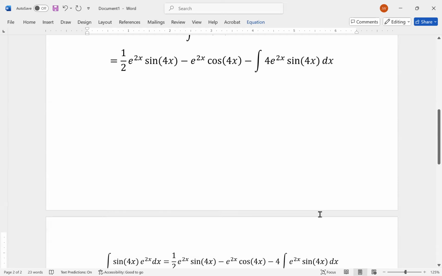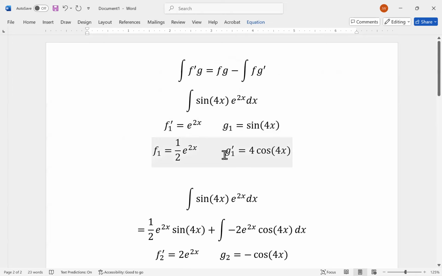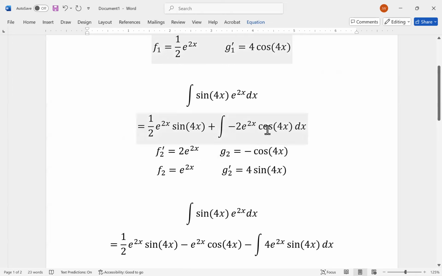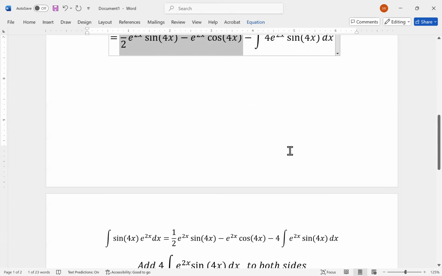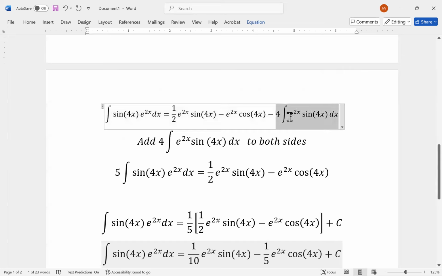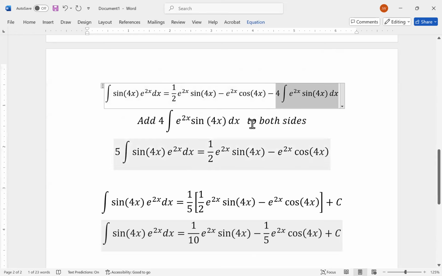So basically what we did is we did an integration by parts once. That gave us cosine in there. A second integration by parts, and we got back our original integral times a constant. And if our integral is equal to a big mess minus a constant times the same integral, then I can just add this piece to both sides and combine like terms, and that gets rid of the integral on my right-hand side.